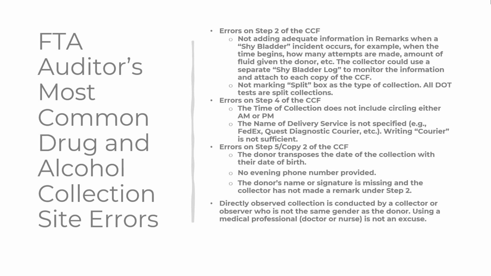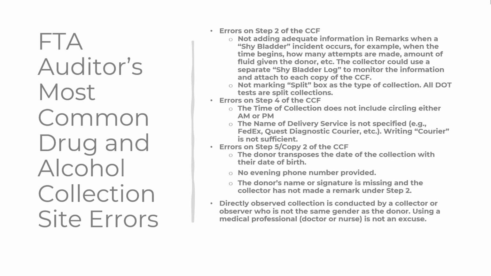And then they need to also put in the name of that delivery service. So you just can't write courier. It has to be like FedEx or Quest Diagnostics or whatever it is that you're using for your courier. And then step 5, and this is a big one, a lot of times the donor is transposing the date of the collection and their birthday.